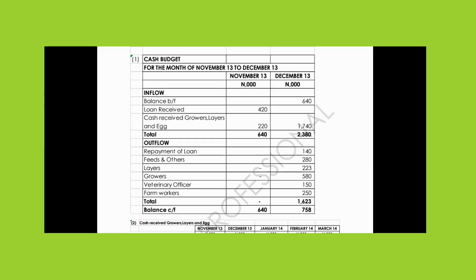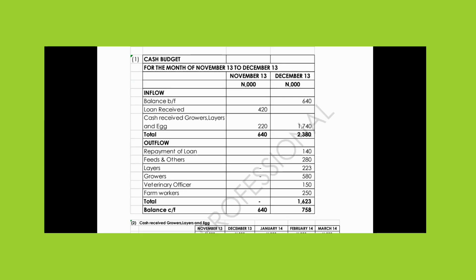We now add the total inflow of December, 1740. Plus 640, 2380.